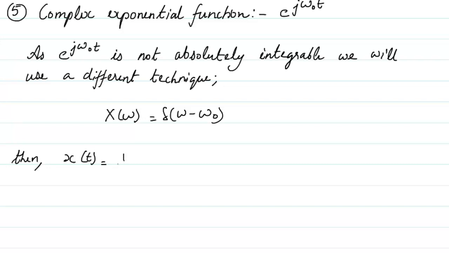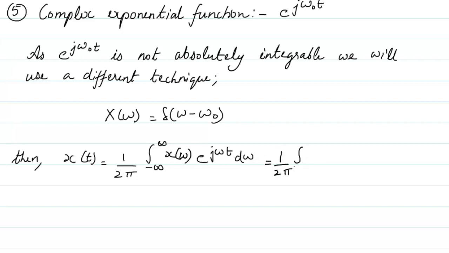The x of t is 1 by 2 pi integral minus infinity to infinity X of omega e raised to power j omega t d omega, where we substitute delta omega minus omega naught for X of omega.